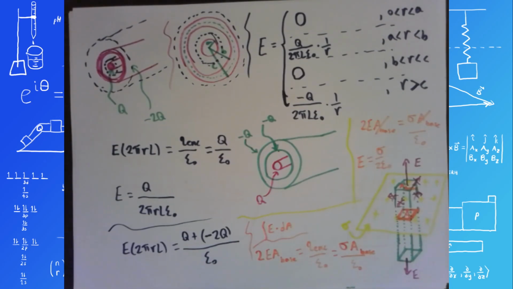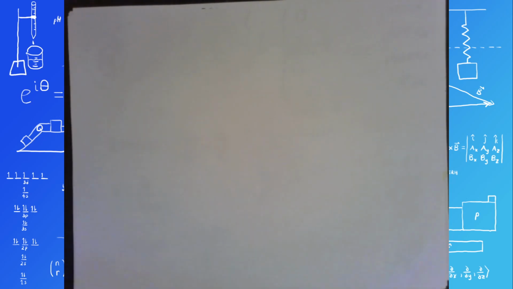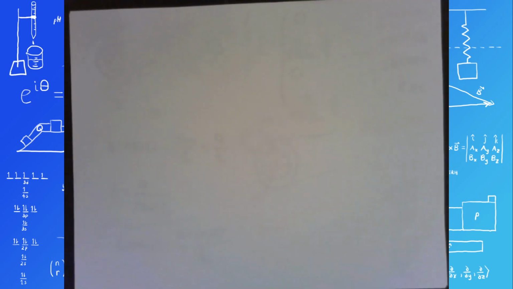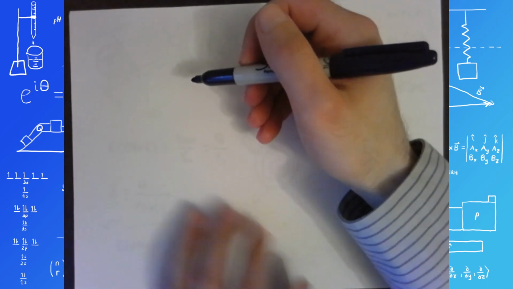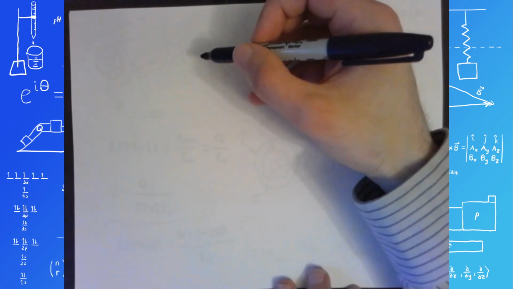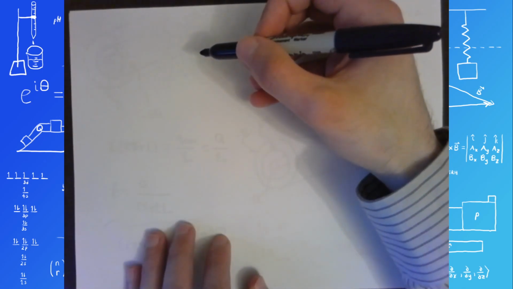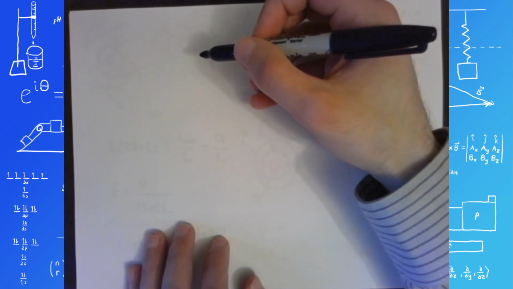So we have an infinite charged sheet and an infinite conducting slab. Let's go ahead and start that on a new sheet of paper. They've drawn the sheet sideways, which, well, sideways doesn't really mean anything here.